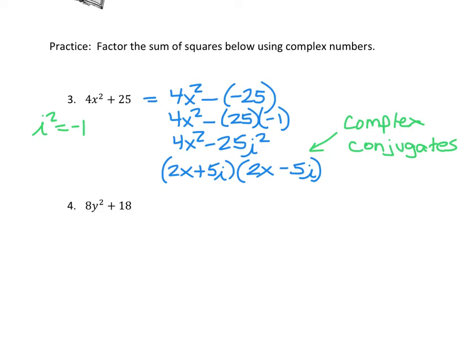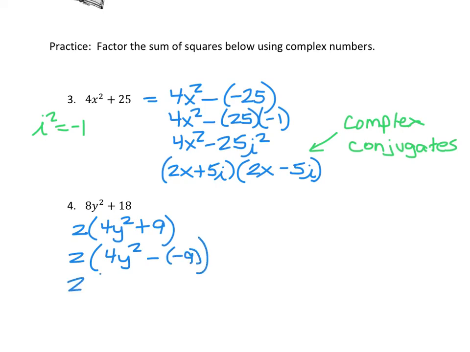I can see that both of these two terms are evenly divisible by 2. And now I see I have the sum of two perfect squares. So I'm going to rewrite that. I'm going to say 2 times 4y squared minus a negative 9. I'll put that in little parentheses here. I'm going to write that as 2 times 4y squared minus 9 times a negative 1.